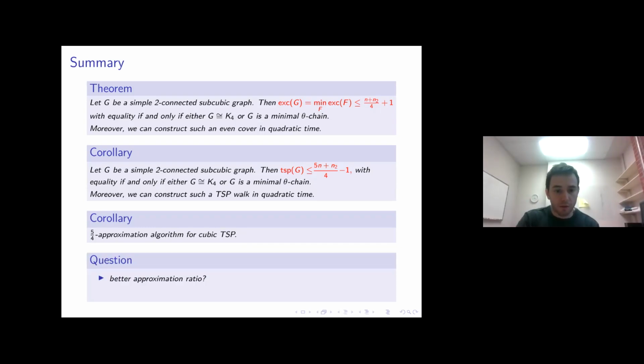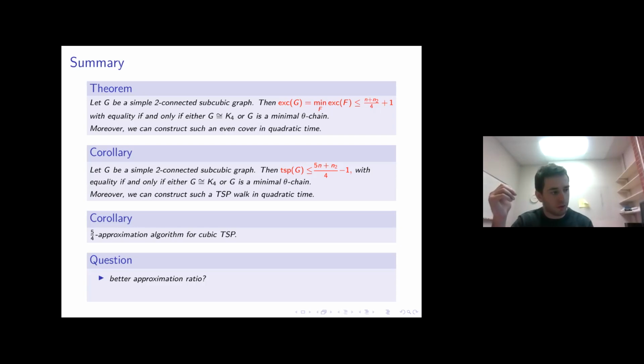And so for open questions, a better approximation ratio for cubic TSP seems possible. But our result shows that any graph has a TSP walk of length at most this, and since there's an infinite family of graphs that obtain this bound, to get a better approximation ratio, you would have to somehow lower bound the optimal and have an understanding of when the TSP bound is higher than normal, and that would somehow yield a better approximation ratio.